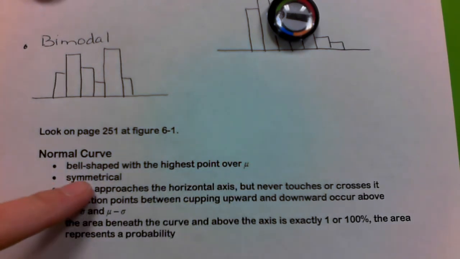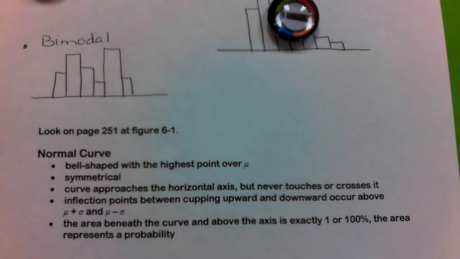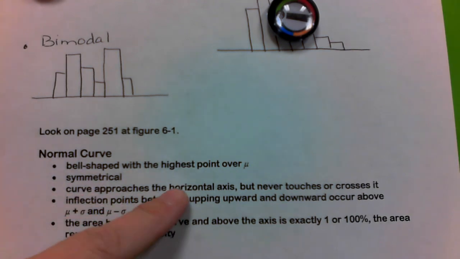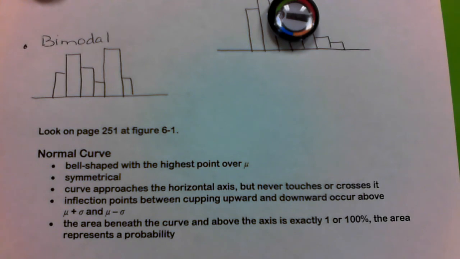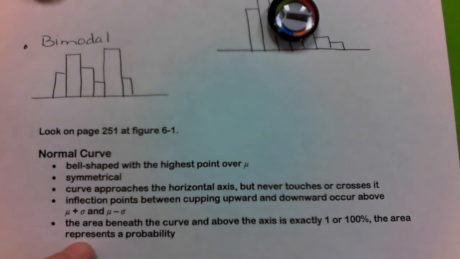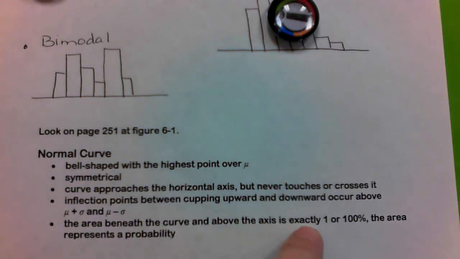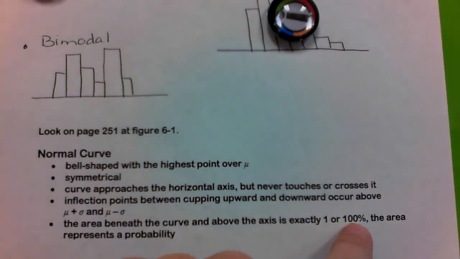It is symmetrical, which means it's the same on both sides. The curve approaches the horizontal axis but never touches or crosses it. Then they have what are called inflection points. And of great importance, which we'll discuss a lot, is that the area beneath the curve and above the axis is exactly 1 or 100%, meaning 100% of the data is shown in that normal curve.